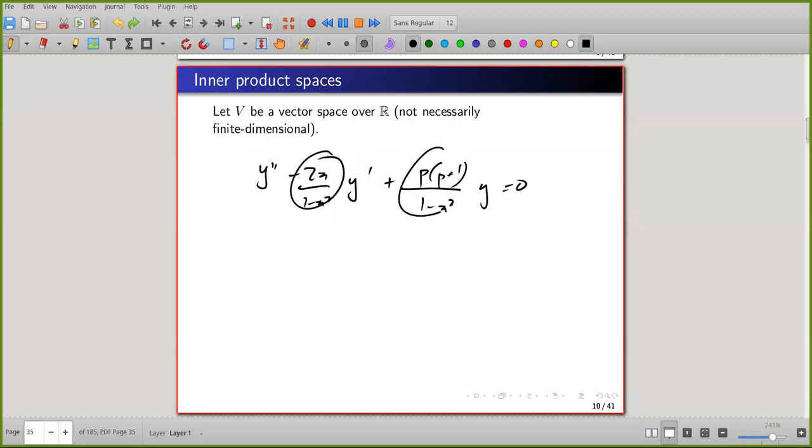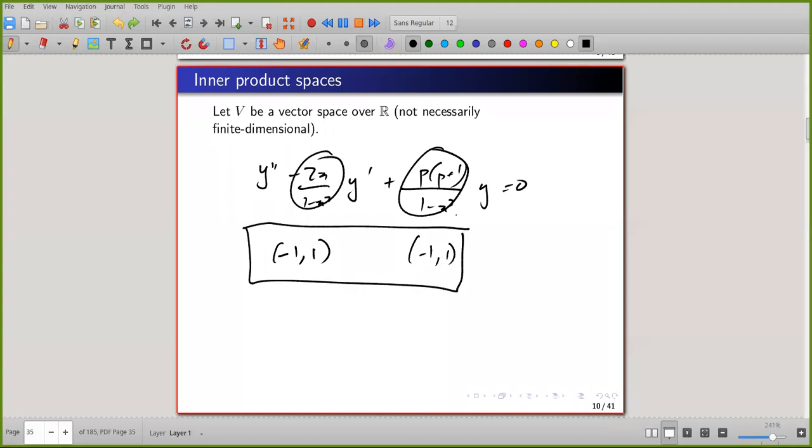These two functions have a series. They are analytic, the radius of convergence is 1, so they are analytic in this interval. So the series that we write will at least converge in this interval. It may converge in a larger interval. Okay, but sorry, let me not get distracted.